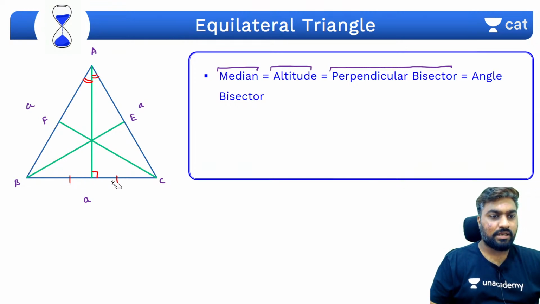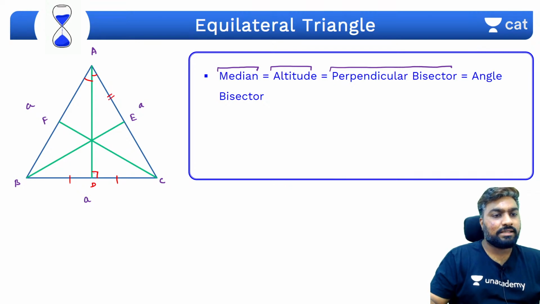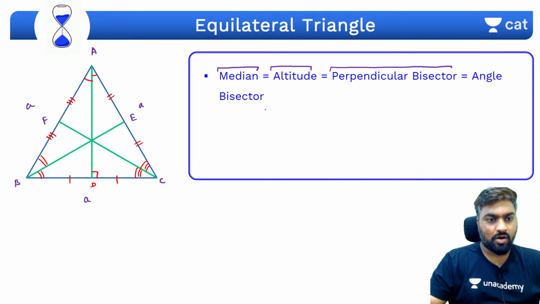So this will not only bisect the side, not only be perpendicular, but also bisect the angle. सेम वे इफ यू लुक एट दिस, these two will become equal, these angles will become equal. Same way these angles will become equal and these two parts will become equal. समझ रहे हो? मीडियन, altitude, perpendicular bisector, angle bisector सब एक है, all one.